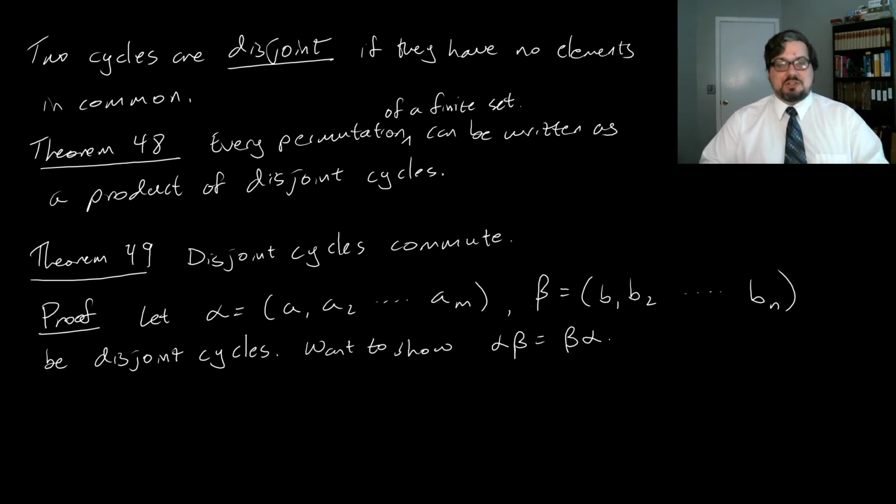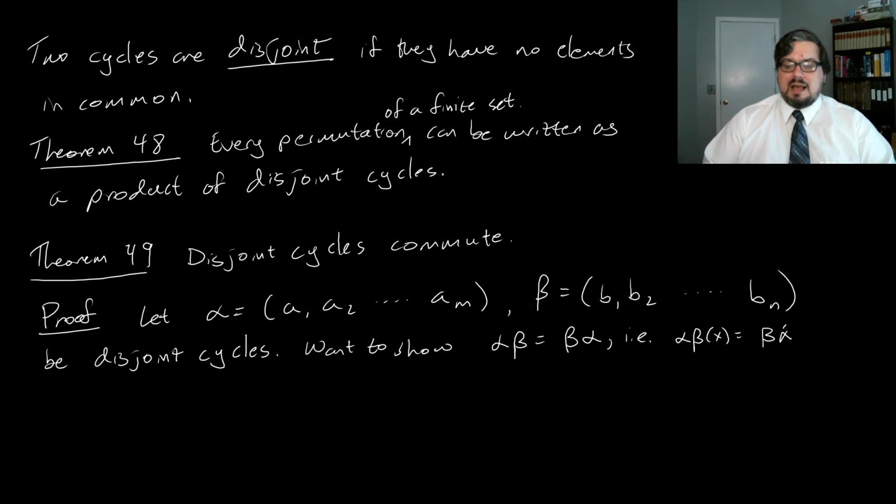They're bijections. And to show that two functions are equal, the thing to do is to show that they are equal on every one of their inputs. Show that no matter what you plug into either of these two functions, we get the same result out of it. So we want to show that alpha beta is equal to beta alpha, i.e. that alpha beta of x is equal to beta alpha of x for all x.